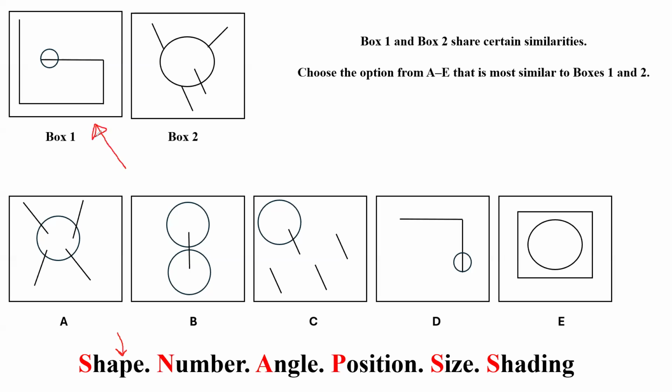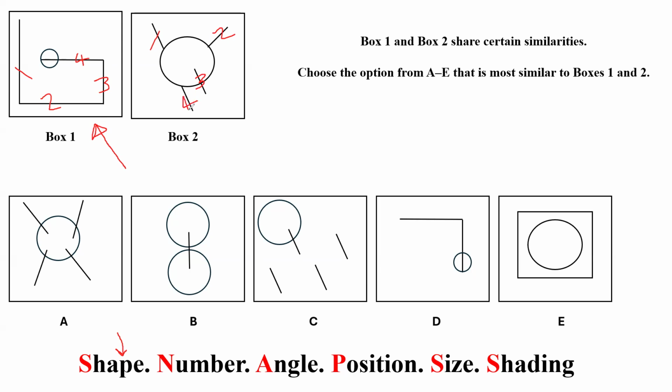It might look like one continuous line, but because of these right angles, we can divide them into 4 lines joined together. We've got 1 line, 2 lines, 3 lines, and 4 lines. That's helpful because box 2 also has 4 lines. It feels intentional, that both of them were supposed to have 4 lines. So that's the shapes done.